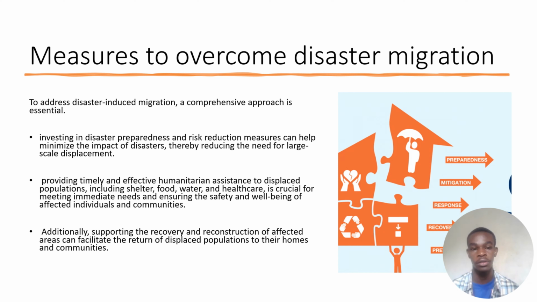So the first thing you have to do is to be prepared before the disaster happens. The second thing is providing timely and effective humanitarian assistance to displaced populations, including shelter, food, water, and health care. It's crucial for meeting immediate needs and ensuring the safety and well-being of affected individuals and communities.